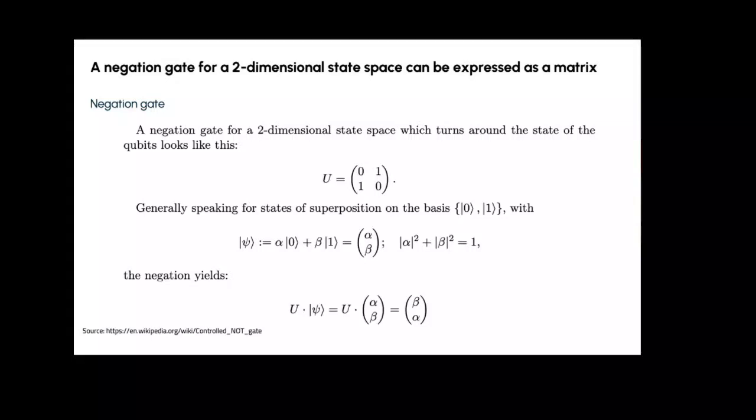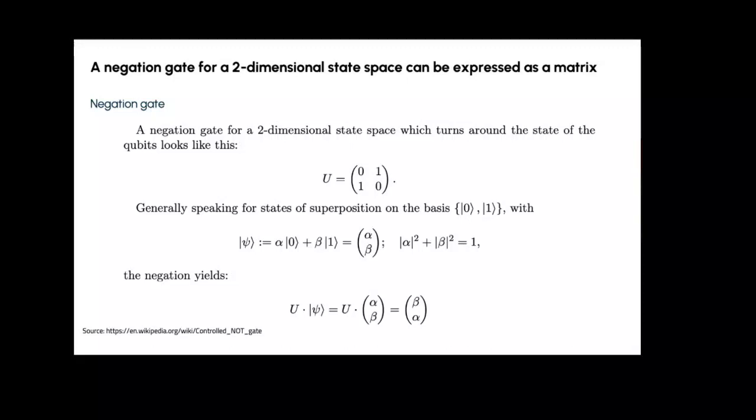So I have to do 0 times alpha plus 1 times beta, which gives beta, and 1 times alpha plus 0 times beta, which gives alpha.